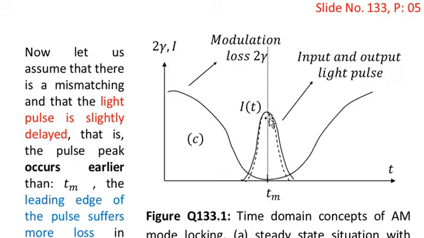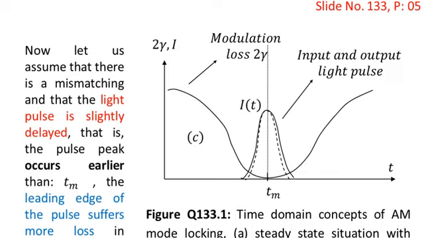So the peak will coincide with the minimum value at the time Tm, which corresponds to the minimum value of the loss presented by the modulator. So one thing is that the position of the dotted pulse has improved and it is now symmetric, and the second is that it has also narrowed down with respect to the original pulse that was incident on the modulator before this modulation action took place.